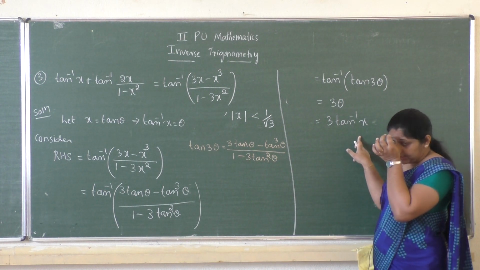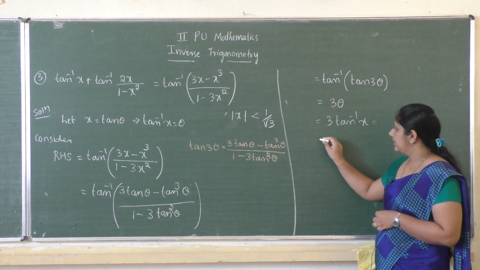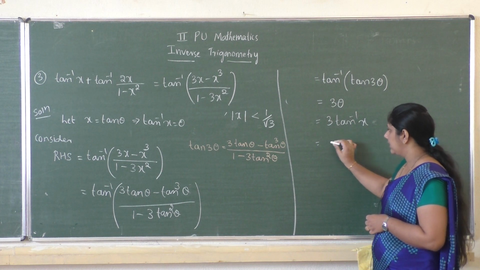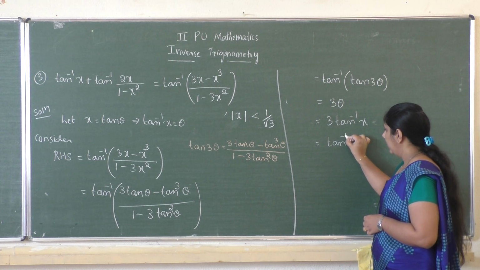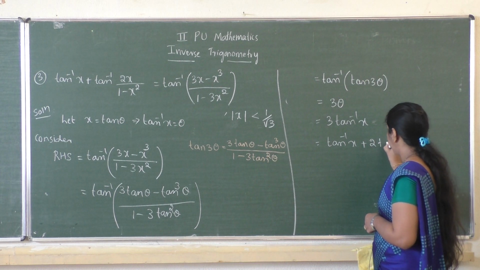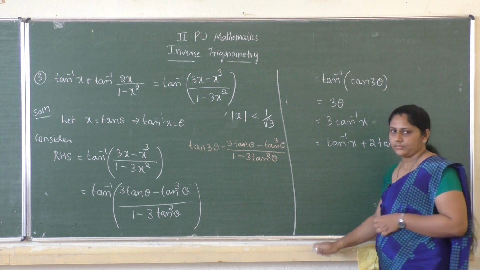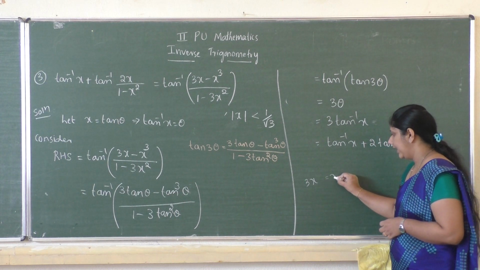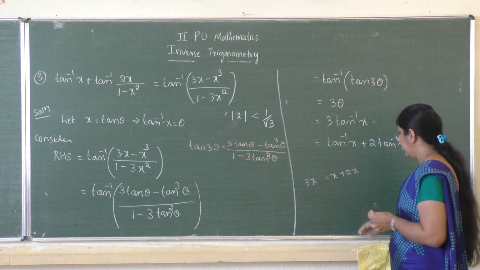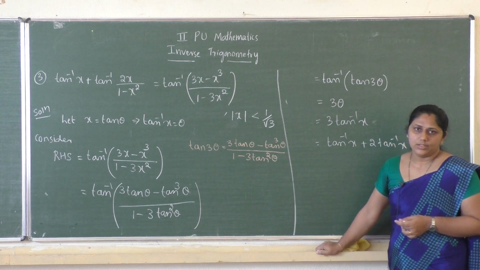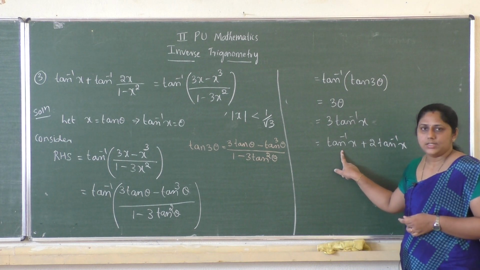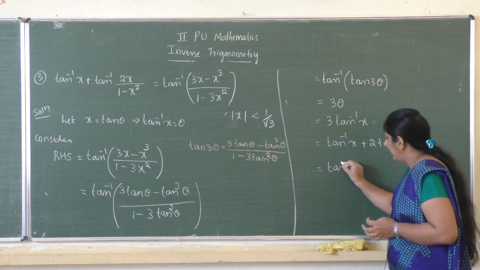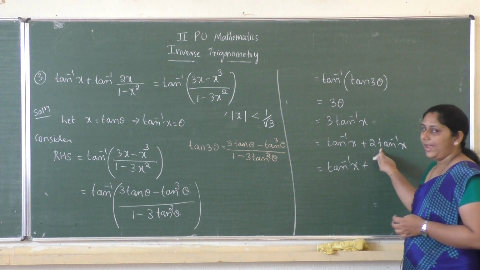But is this the required left hand side? No, right? But see, here we have 3 tan inverse x. Can I write this term as tan inverse x plus 2 tan inverse x? See, if we have the term like 3x, we can write it as x plus 2x, right? Similarly, we can write 3 tan inverse x equal to tan inverse x plus 2 tan inverse x. Now, tan inverse x, keep it as it is, plus we have one formula, right?